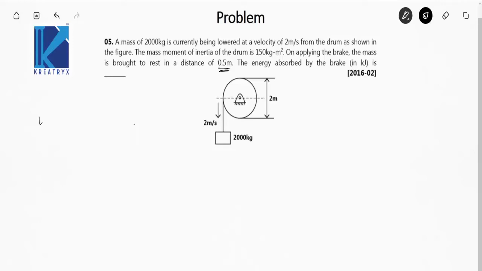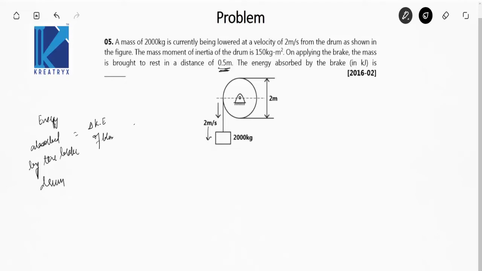The energy absorbed by the brake drum will be equal to the change in kinetic energy of the block, because this is being lowered at 2 meter per second, and finally the velocity of the block will be 0. So that is delta KE of block.